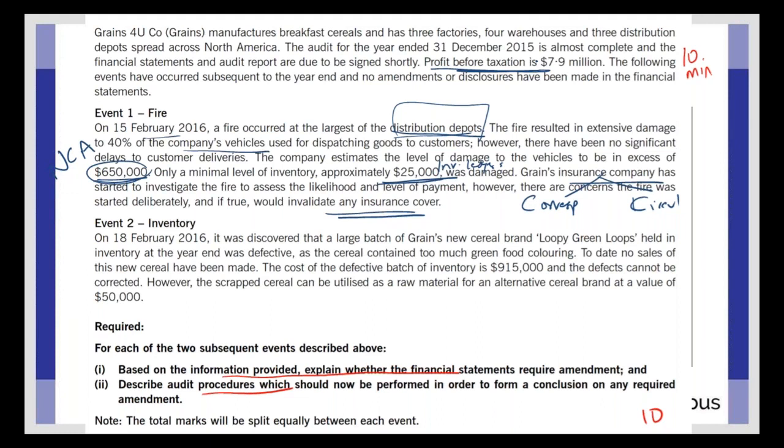So 675,000 divided by 7.9 million comes up to 8 something percent. And because 5% is the materiality level for PBT, this is material. We did this in materiality. Yes, Tehreem, the total damage that you have faced. We're doing it because we want to find out whether this fire has had a material impact or not.